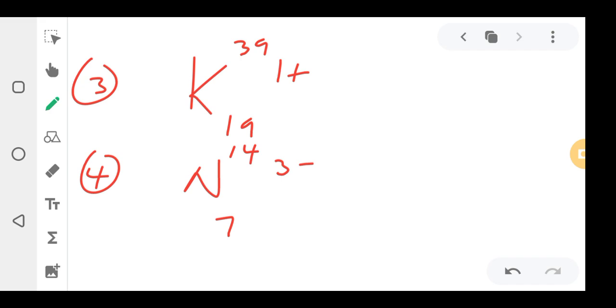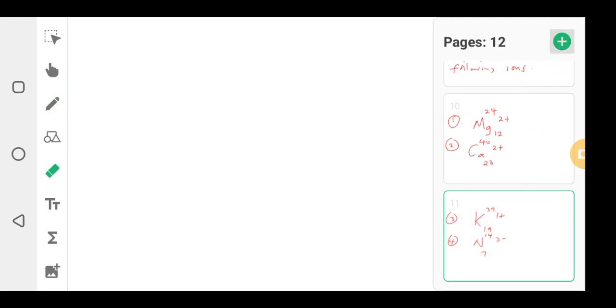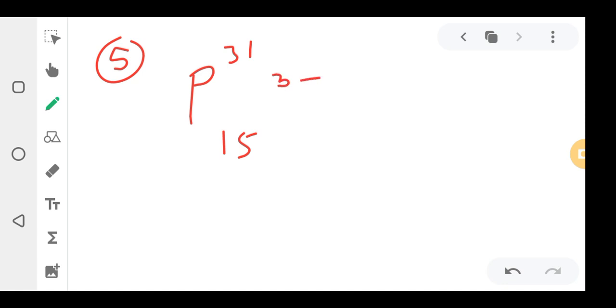And then question 5, we have phosphorus, P, 15, 31, 3 minus.